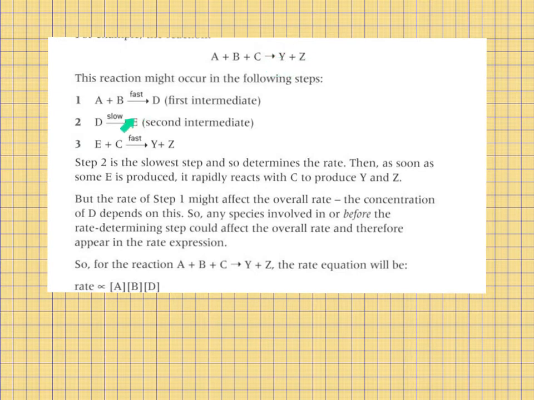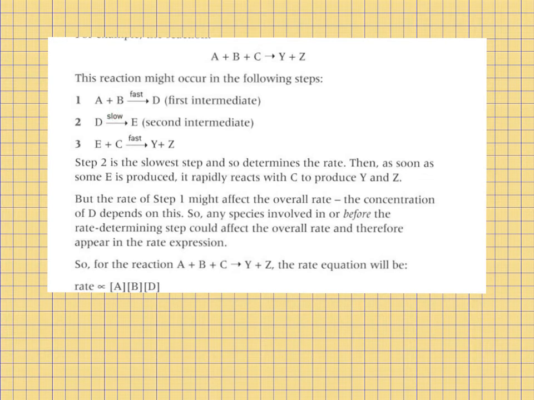And therefore this intermediate must also be eaten up. So then E and C could collide together to form Y and Z. It therefore follows that this slow step here is the rate determining step.